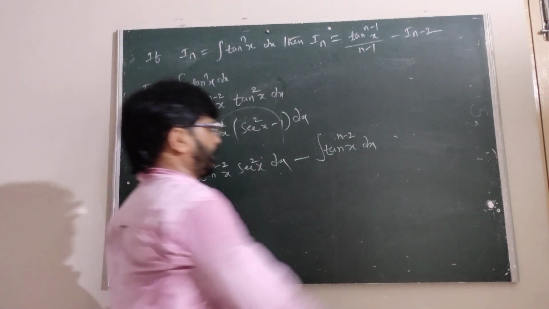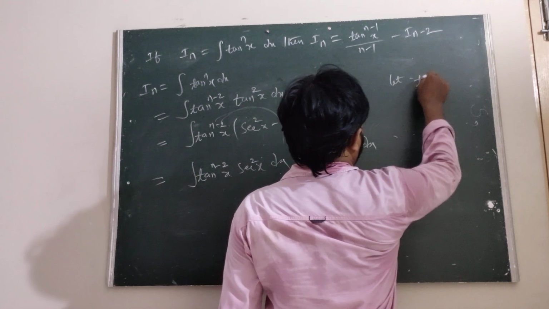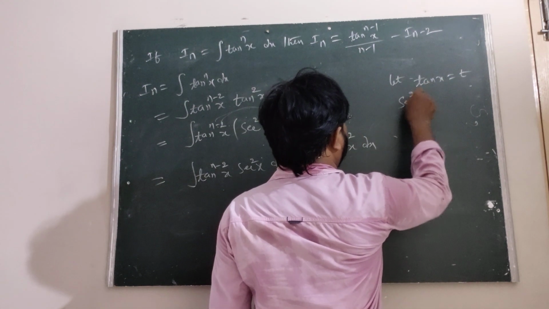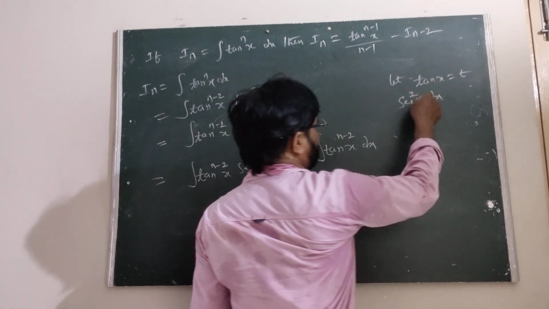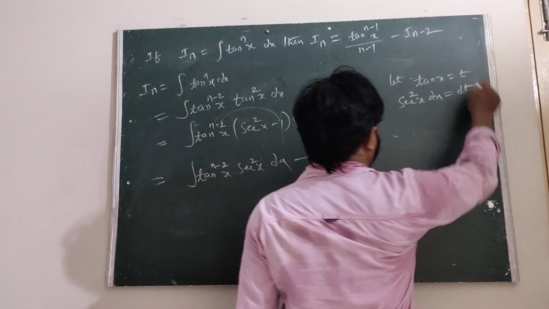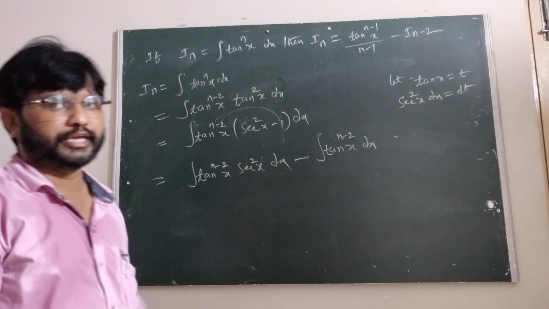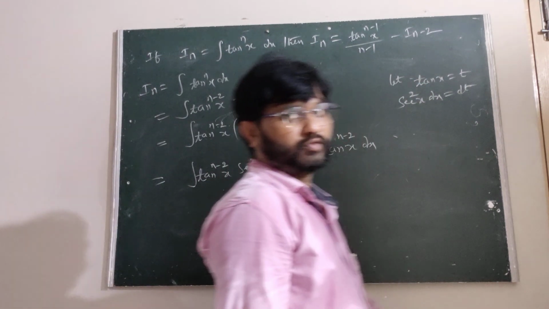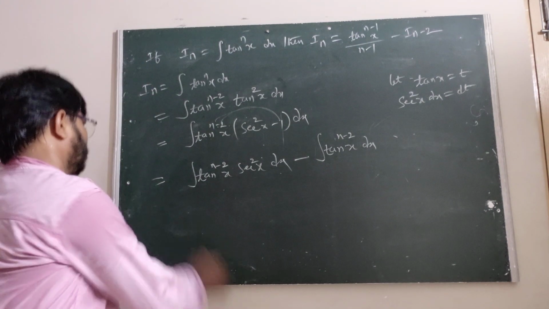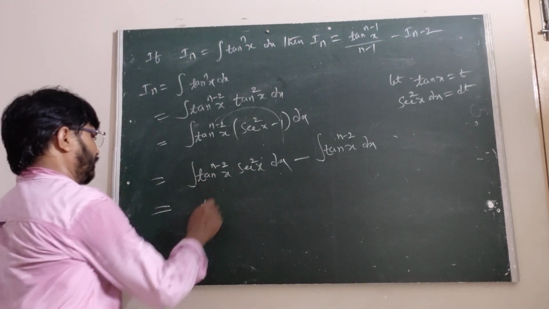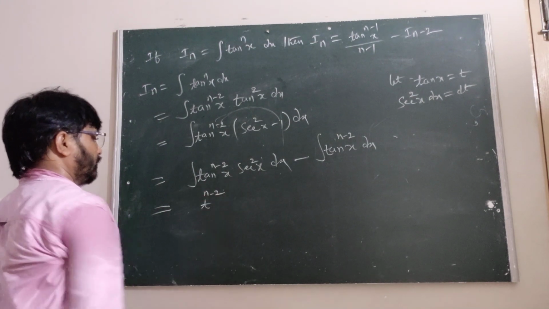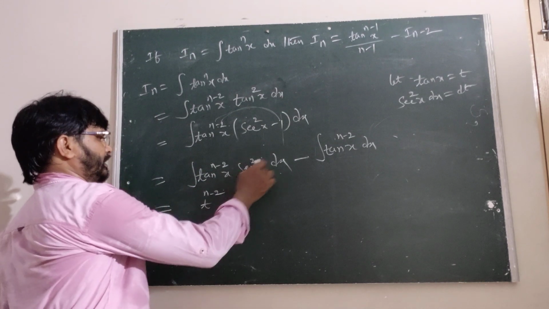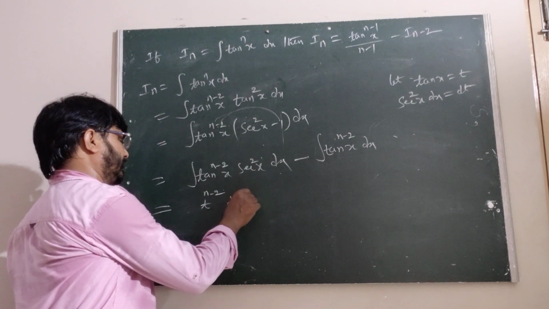We are taking tan x as t. The derivative of tan x is secant square x into dx is dt. Tan x equal to t. Therefore, now this is t power n minus 2. Secant square x into dx is dt.